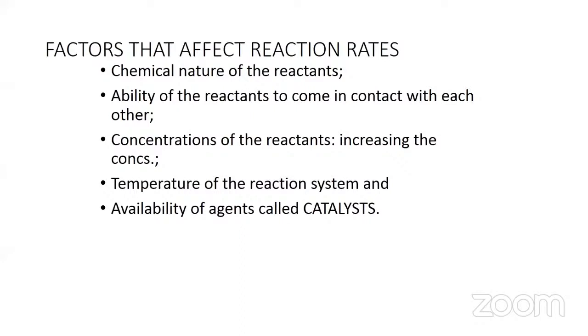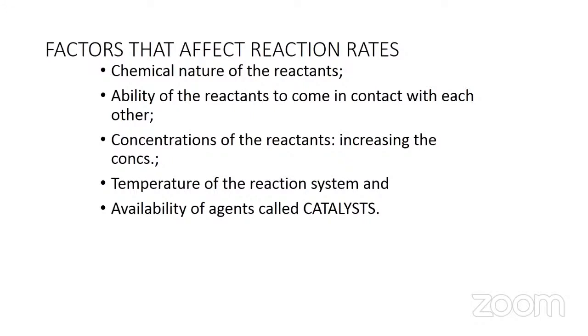What about the temperature of the system? It does. What about the ability of the reactants to come in contact with each other? They need to collide before they can form products. So if they are finding it difficult to come in contact, it will affect the rate of reaction. What about a catalyst? The availability of agents called catalysts does affect the rate of chemical reaction.